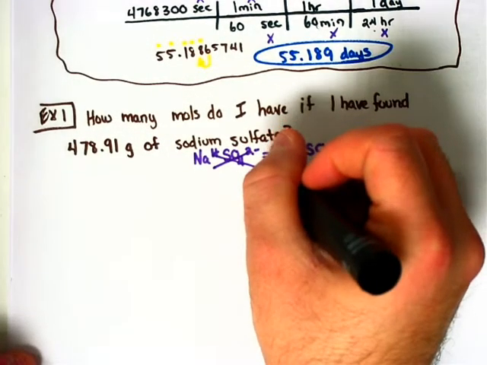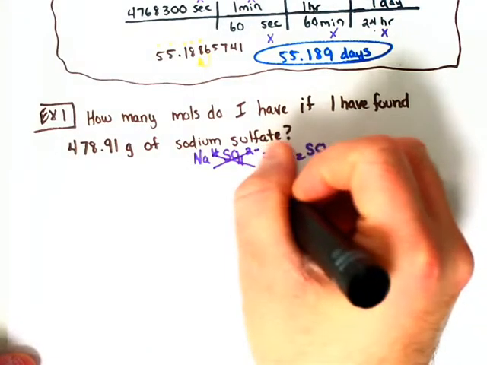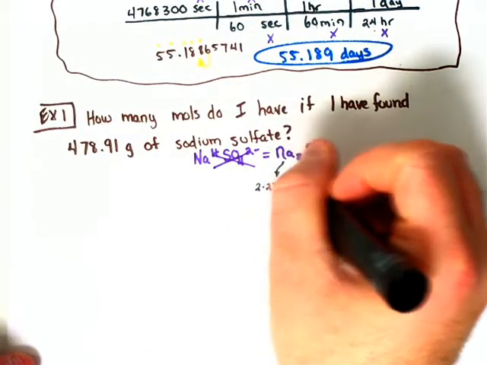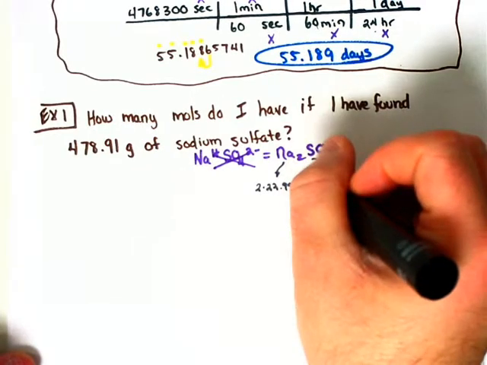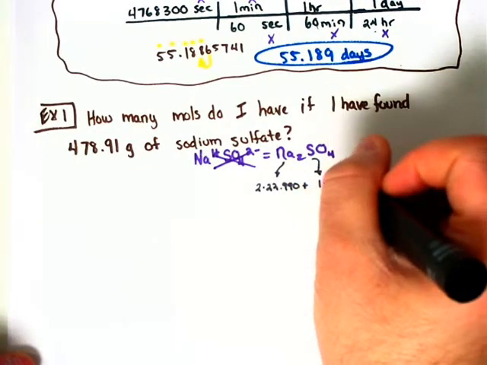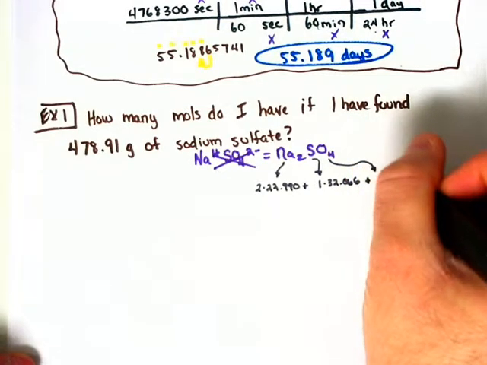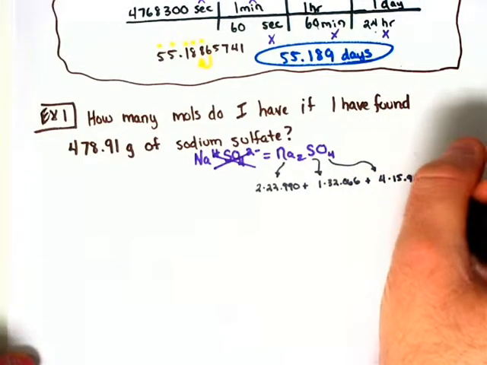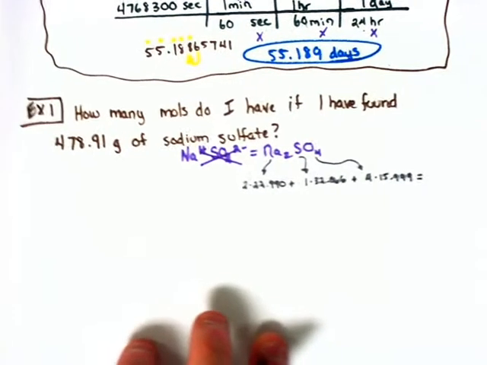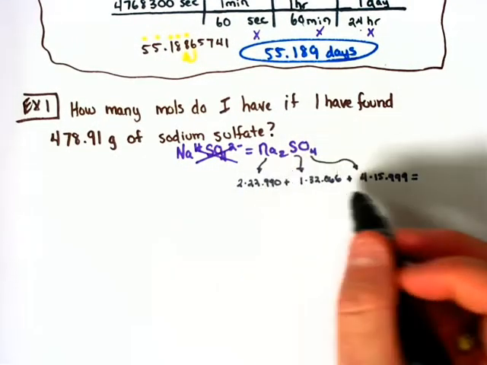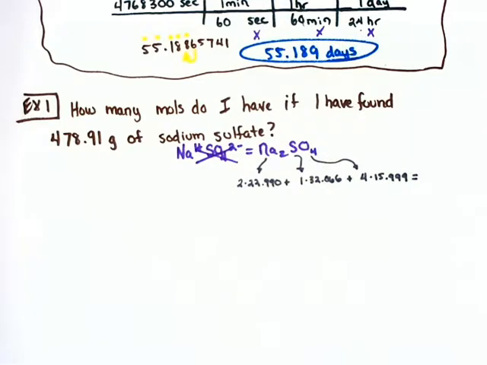How many Nas do we have? So that's 2 times 22.990, plus 1 sulfur, 32.066, plus 4 oxygens times the value of 15.999, because that's the value of each oxygen. This isn't magic that we got going. These are numbers from the periodic table. Don't believe me? Okay, they are. 15.999 times 4.